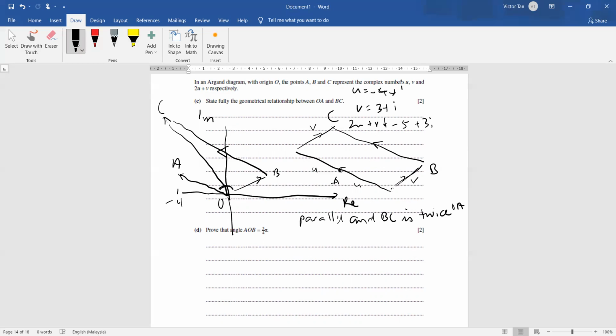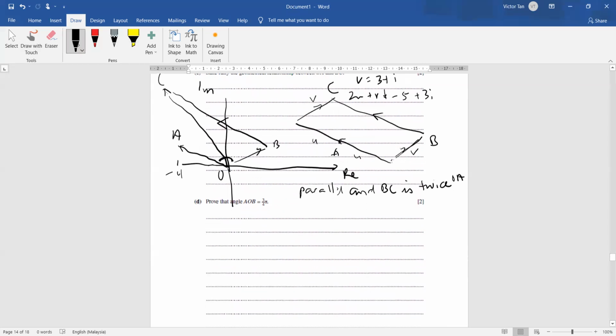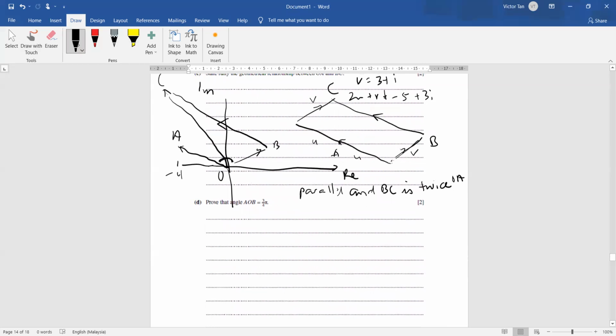Prove that angle AOB is 3 over 4 pi. AOB, so this angle. This angle is the argument.